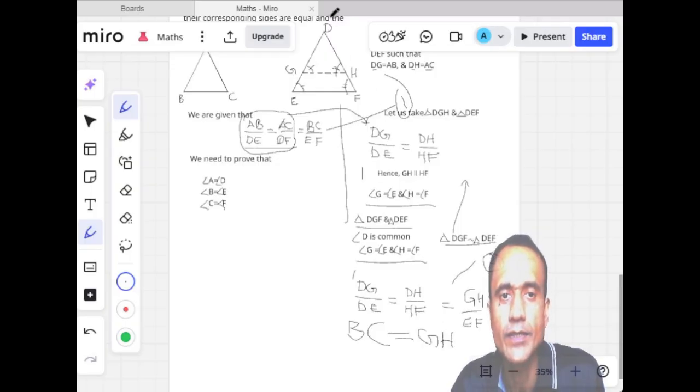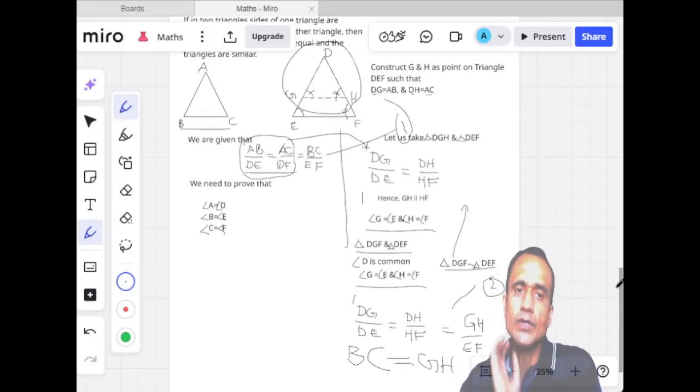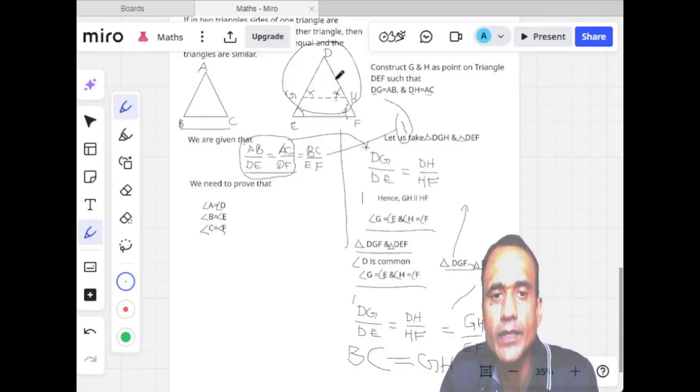Now let us take these two triangles, this one and ABC. You see AB is equal to DG and AC is equal to DH by construction, and we have proved that BC is equal to GH. That means these two triangles are congruent.